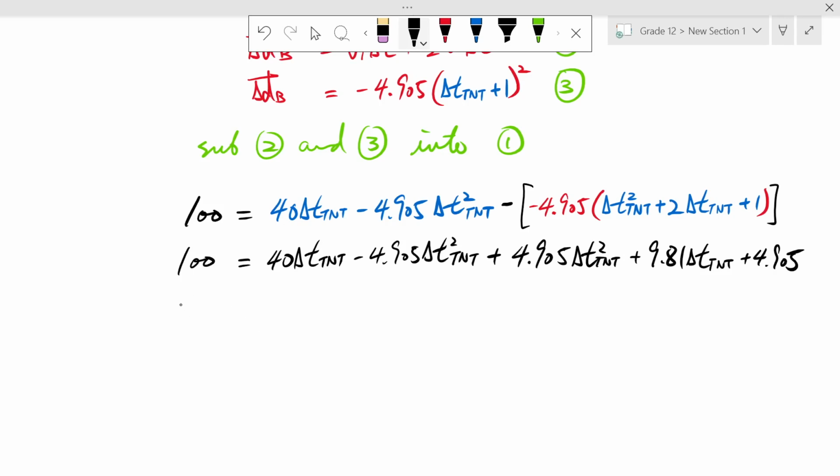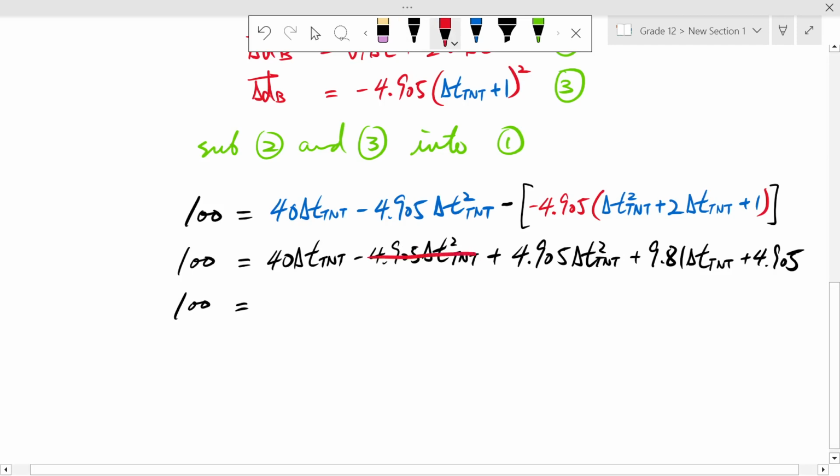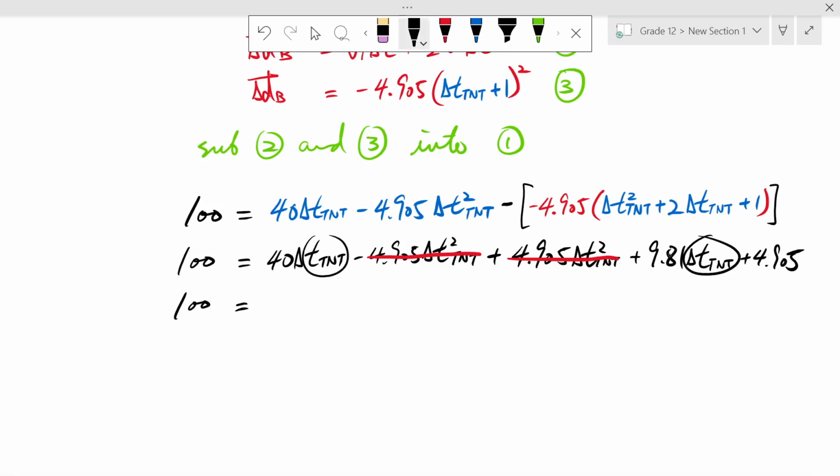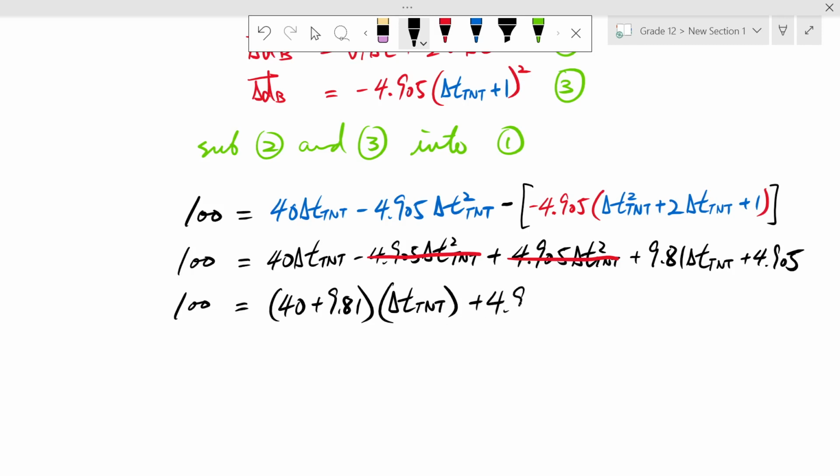Okay, let's simplify this even more. You can notice that I can cancel these two terms, then be left with something simpler to work with. I can common factor these two because they're in single power. That means I will have bracket 40 plus 9.81 bracket multiplied by delta t of TNT, then plus 4.905.